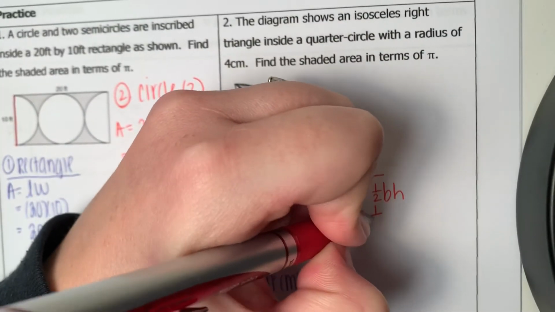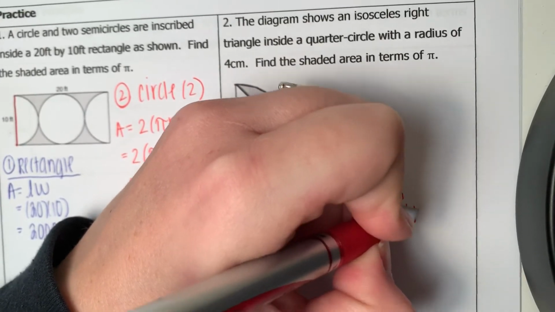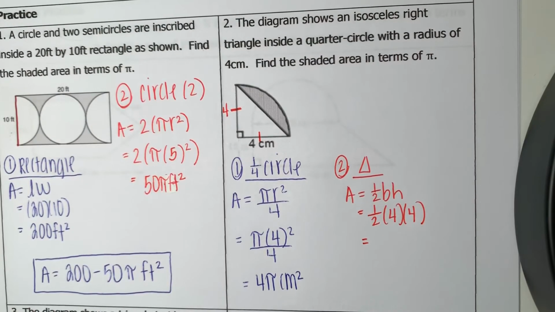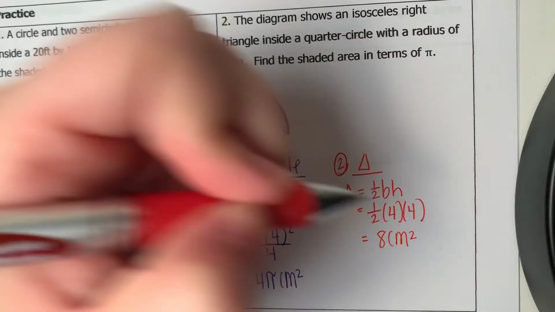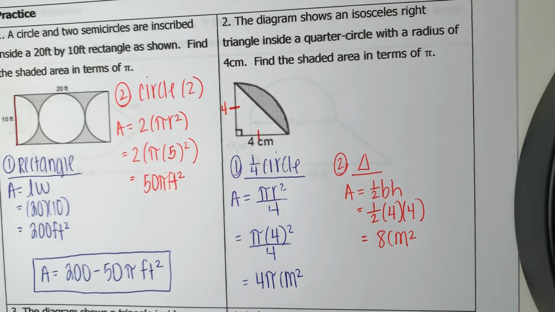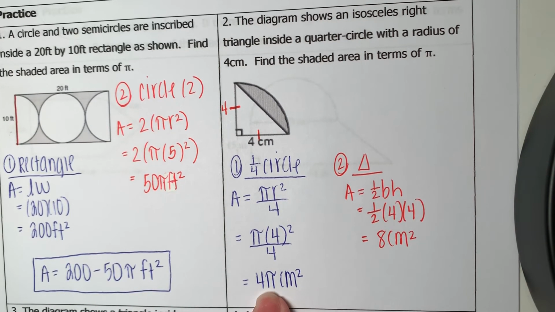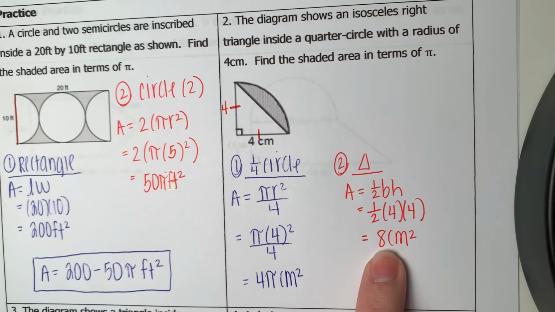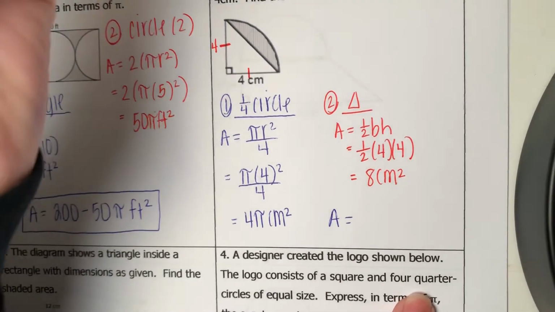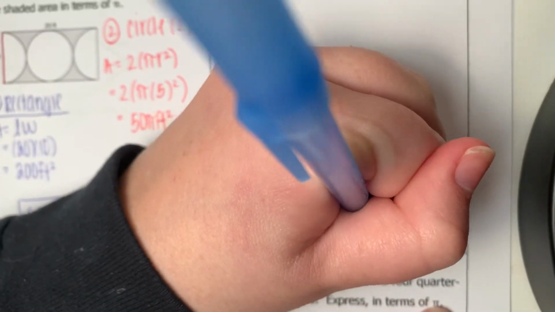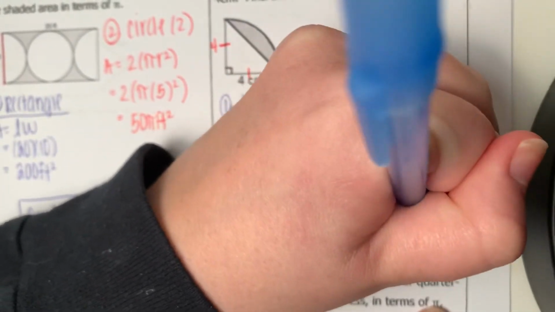So this means we have 1/2 times 4 times 4, and this is going to give us 8 centimeters squared. And now to find the area, I want to do the area of the quarter circle minus the area of the triangle. So our area, again, they say leave our answer in terms of pi. So we're going to have 4 pi minus 8 centimeters squared.